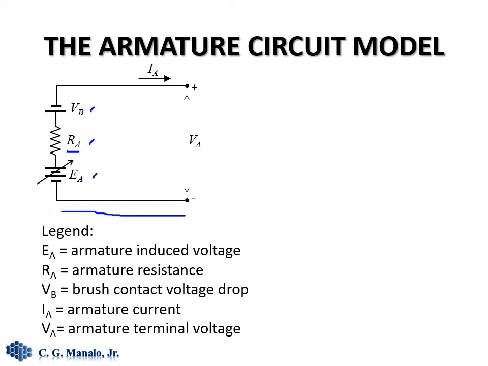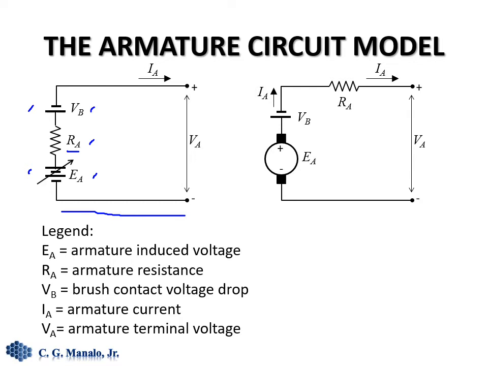The carbon brush is modeled as a fixed source because normally, regardless of the load of the DC generator, the drop across the brushes is usually constant. So we model it as a fixed source that is opposite in polarity with the voltage produced by the windings. A more refined model or diagram of the armature circuit would look like this.